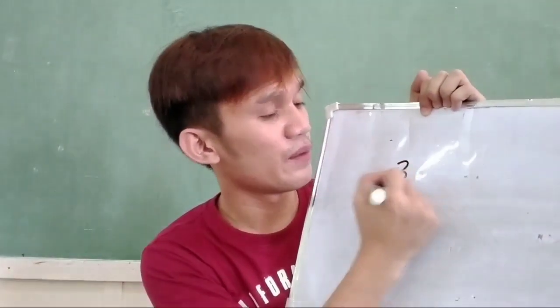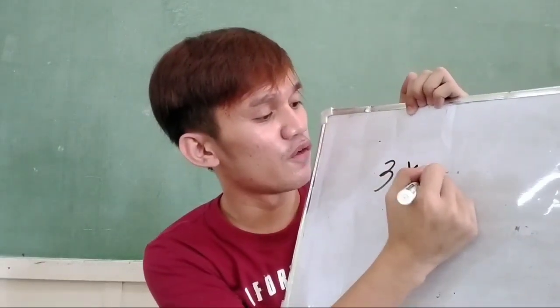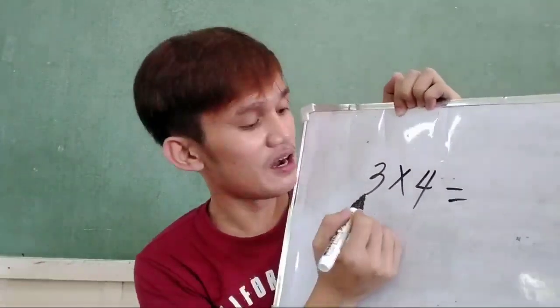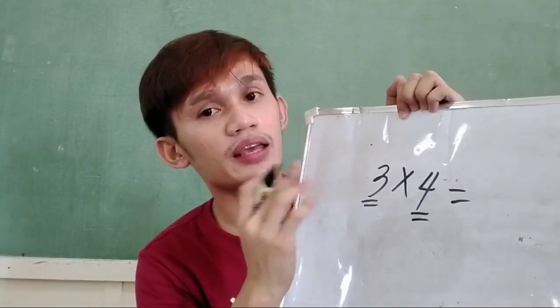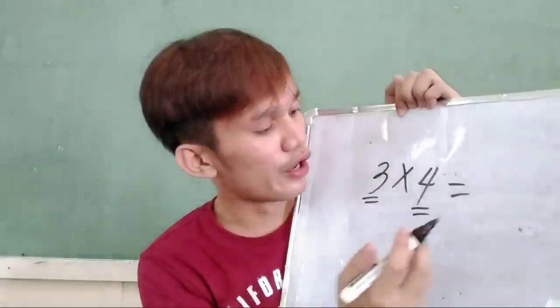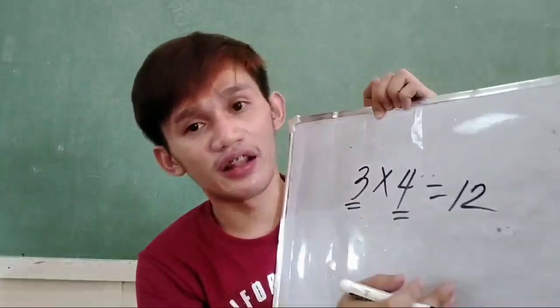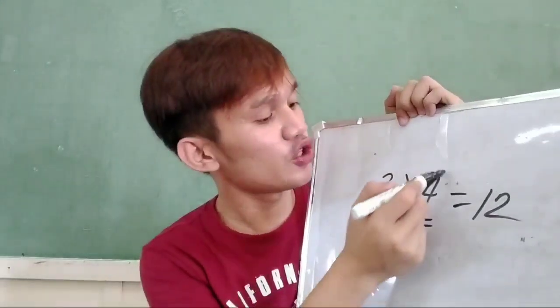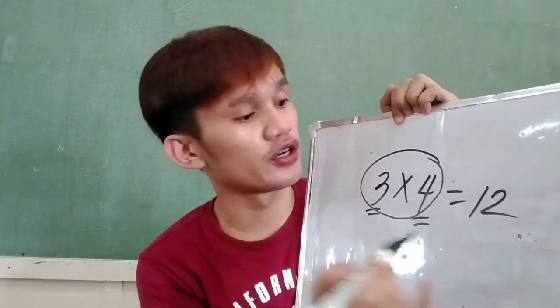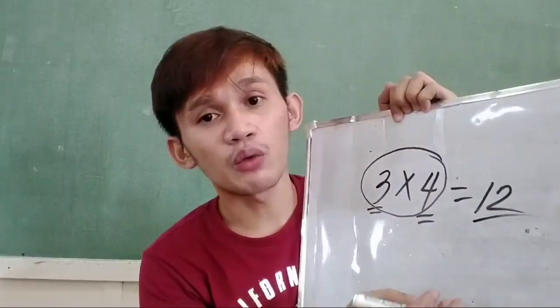Suppose that we have 3 times 4. These are the factors, 3 and 4. If you multiply 3 and 4, that is 12. The property states that if you change the position of these two factors, the product will be the same.